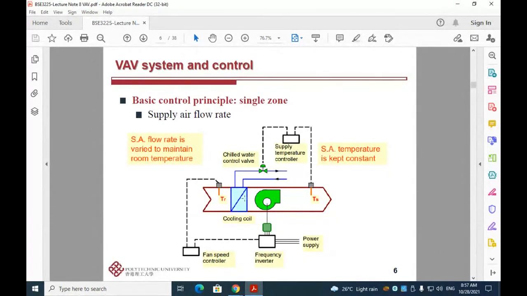So one major difference between this VAV box and our previous basic control of a single zone is that for the single zone control, we are controlling the airflow rate obviously in the air handling unit, and also by controlling the airflow rate here, it will affect the supply air temperature, and this is the reason why we will also connect a supply temperature controller.